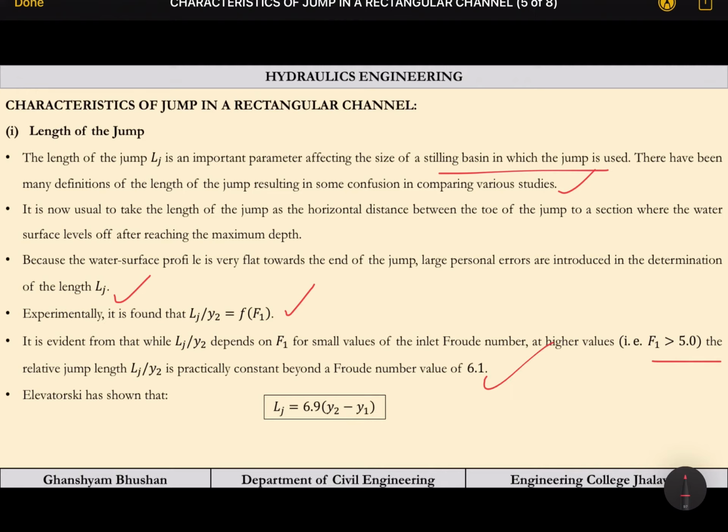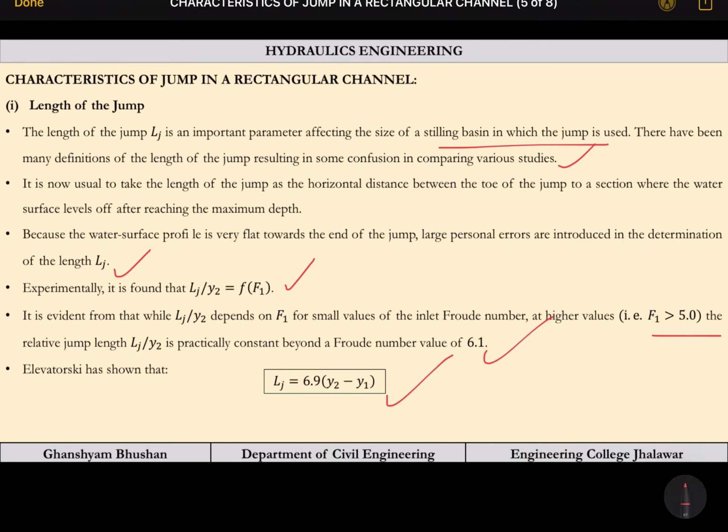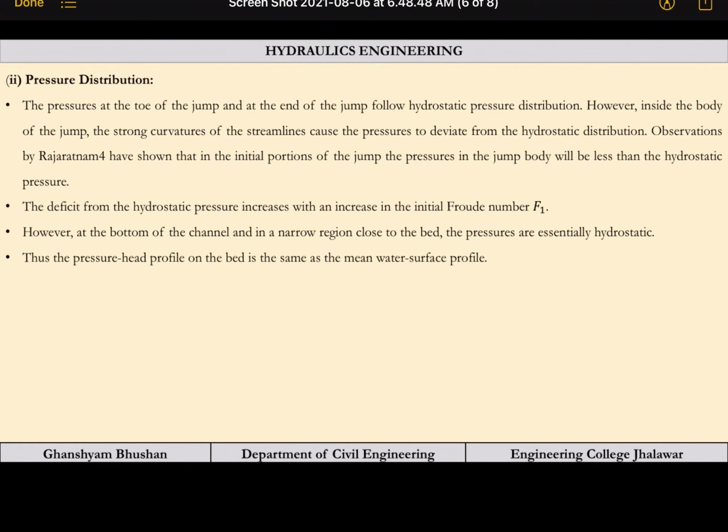So it will become a constant, and Lj can be given by 6.9 (y2 minus y1). This is the conventional way. If in the examination they ask, the probability is very low, but still if they ask, then y1 and y2 will be provided, and you just take the difference and multiply by 6.9 to get the length of that particular jump.